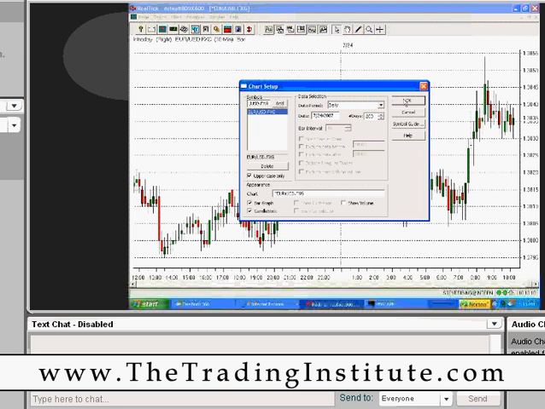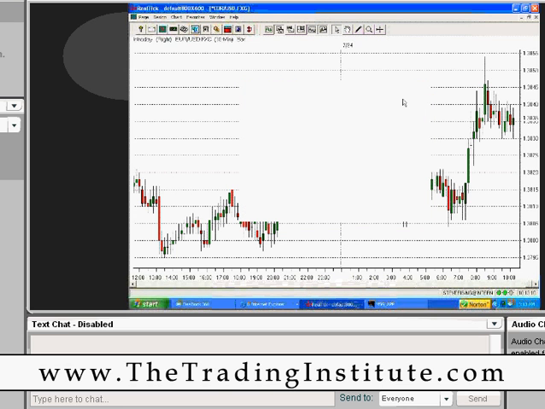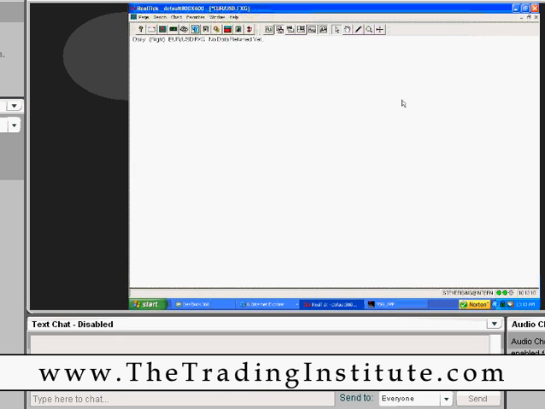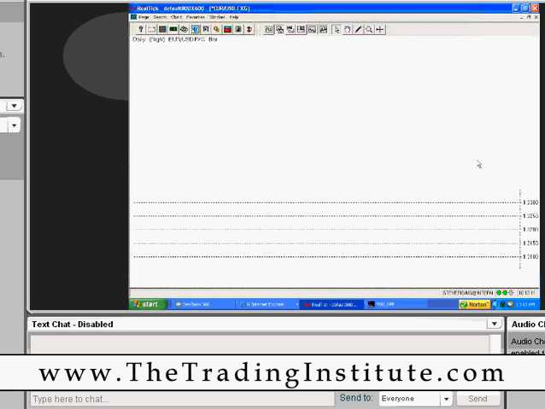Now what we're looking at is a daily chart. Each one of these candlesticks represents one day of price activity.